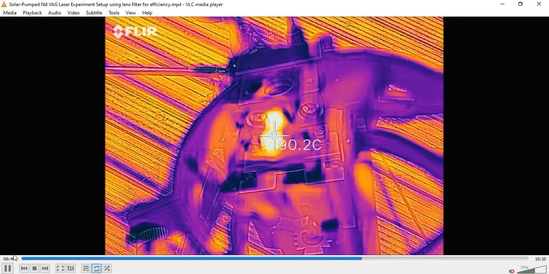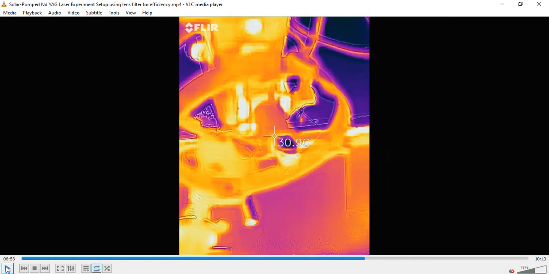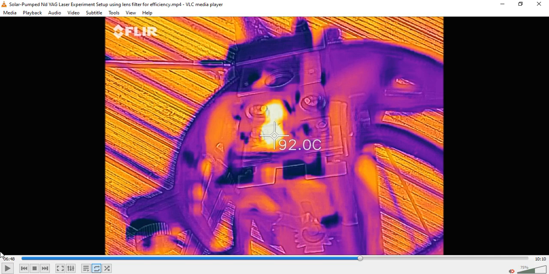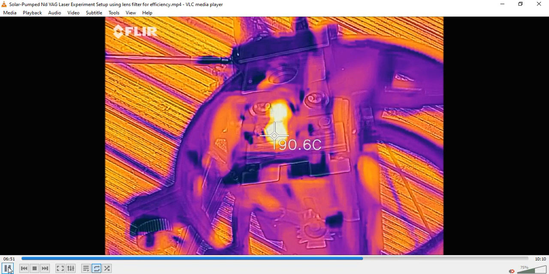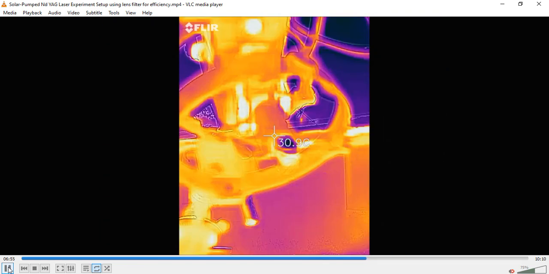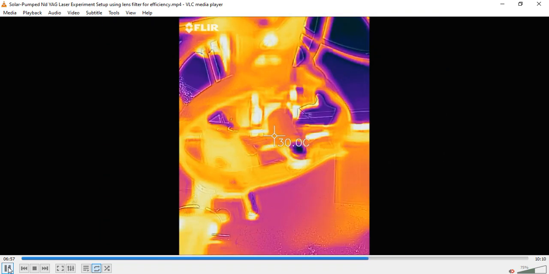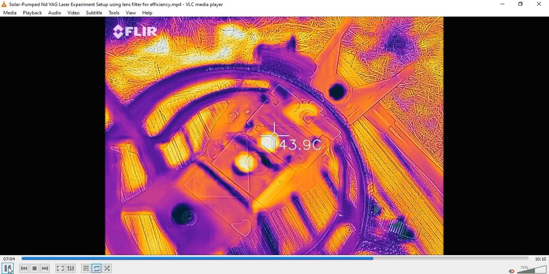So this is when the light is being focused on the crystal itself. So you can see it gets up to a temperature of about 92 Celsius. So quite hot. I mean, almost at boiling point range of water. So it's able to reach high temperatures, and so it needs to be cooled. Otherwise stresses will form on the crystal, it'll start to crack and so on.